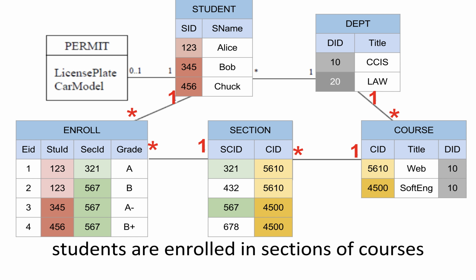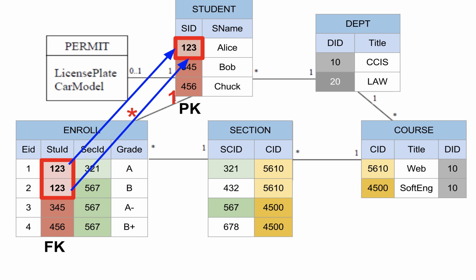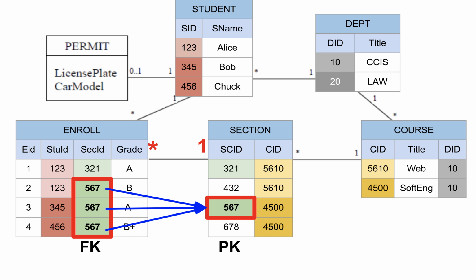So these values are basically referring to each other. These are foreign keys referring to student 123, saying that one student is enrolled in these two different sections, and those are the grades that they got.